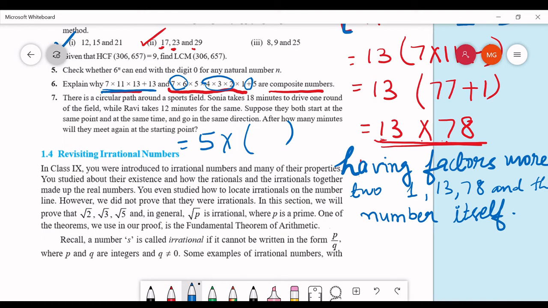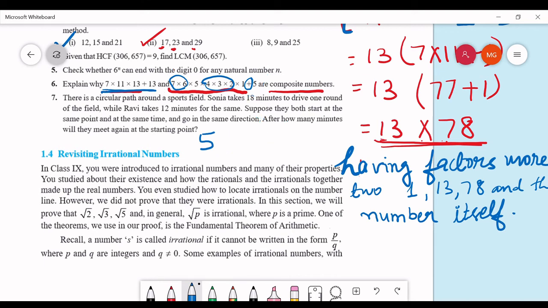So again you can write that the number which has been provided is having factors more than 2, that is the 1, the number itself 5, and the number that you got after this multiplication and addition in this bracket, right? So this second part you will be doing yourself.